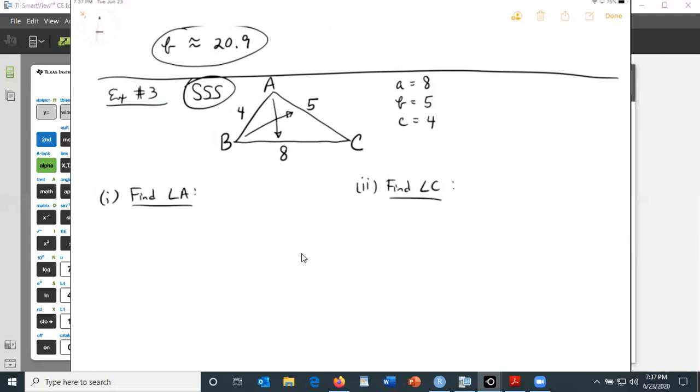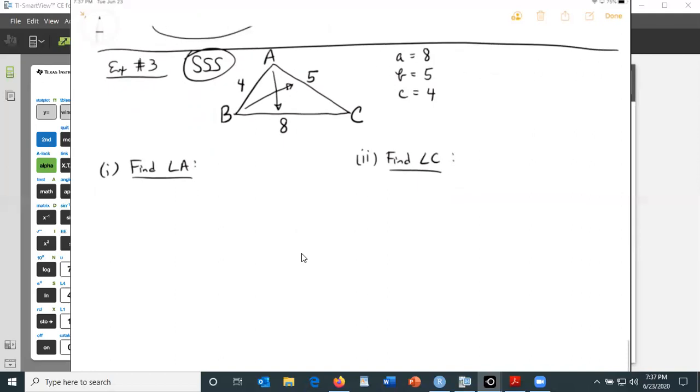If I'm finding angle A, I have to use the first of those 3 formulas. I have to use a squared equals b squared plus c squared minus 2bc times cosine of angle A, so that I can find angle A. Now I'll just fill in all the sides.